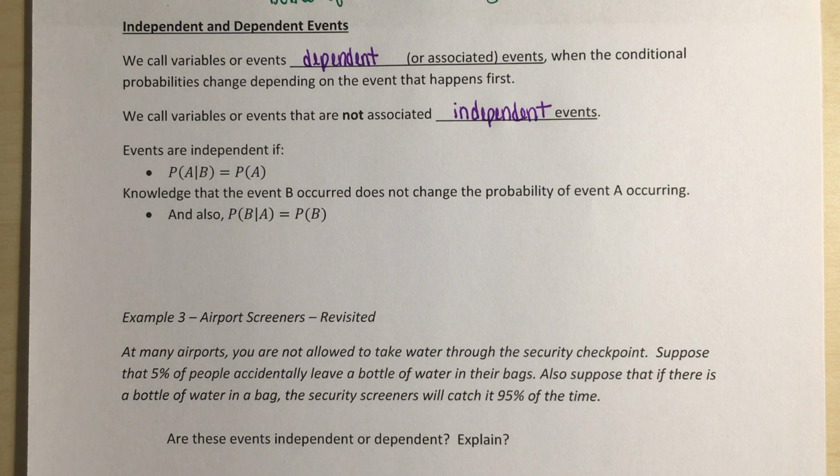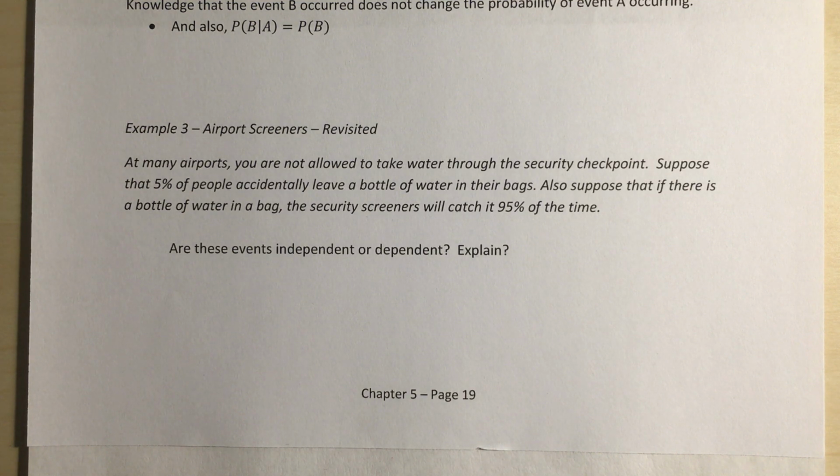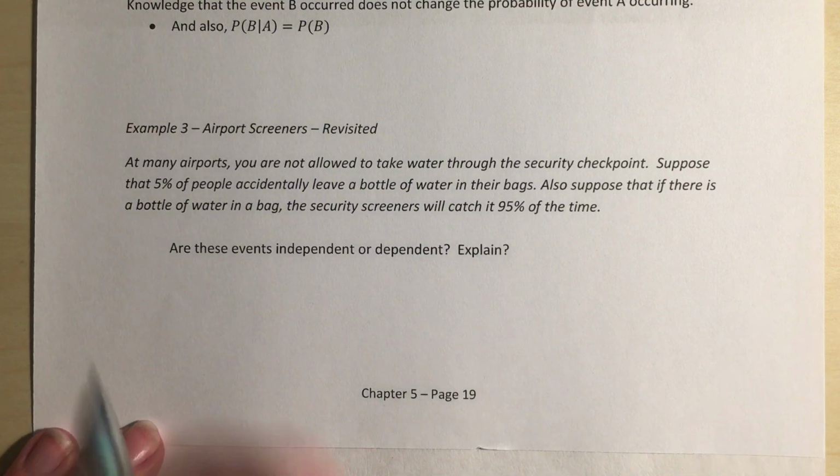So we're going to go through and explore these two terms as we go through the next few examples. So if we go back to our previous problem where we were talking about our airport screening, we said that the second probability was given that there was the first probability. So in this case, we're going to say that these particular events were dependent.